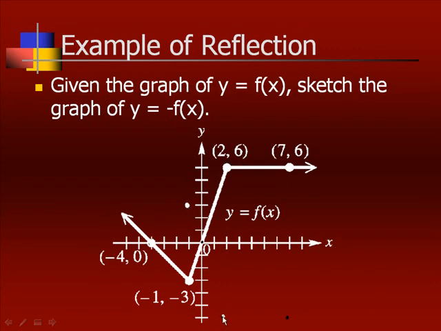On 2, 6, we would get 2, -6. And on 7, 6, we would get 7, -6. So in this case, this one goes up, this one goes down, and this one goes across. So that's what the reflection would look like on that one.